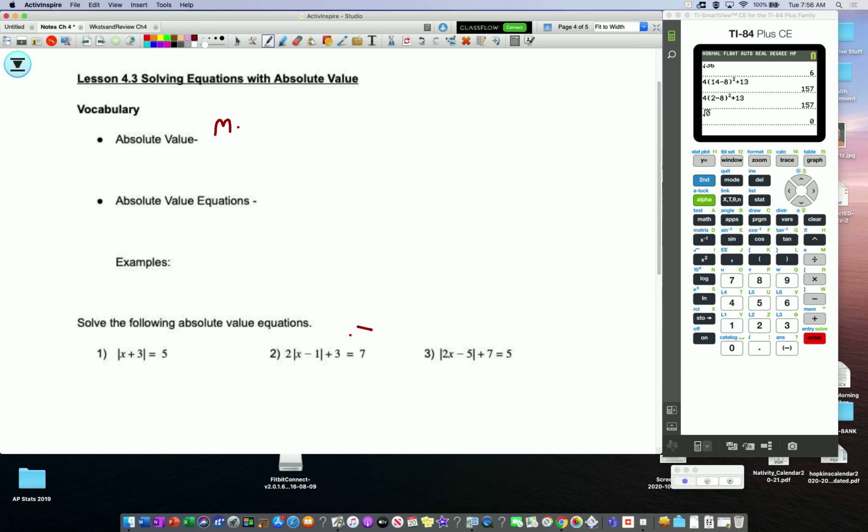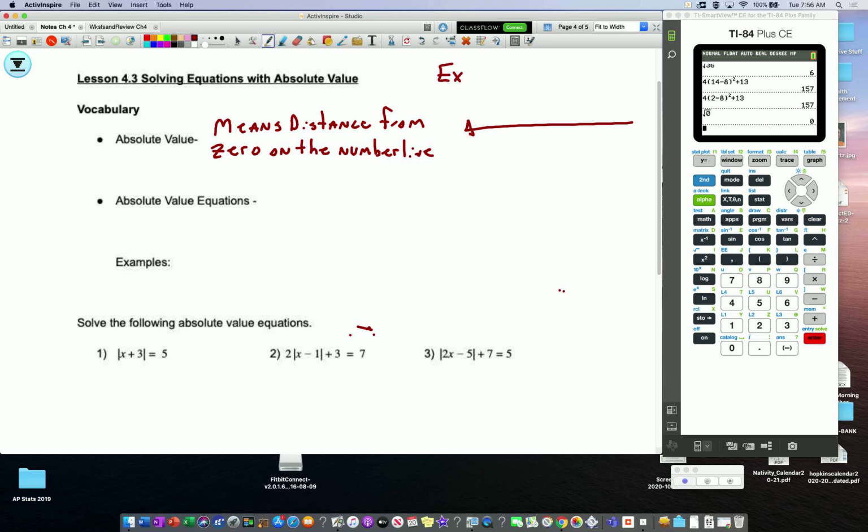Absolute value means distance from 0 on the number line. Just to throw a quick example: here's a number line, and here's 0.